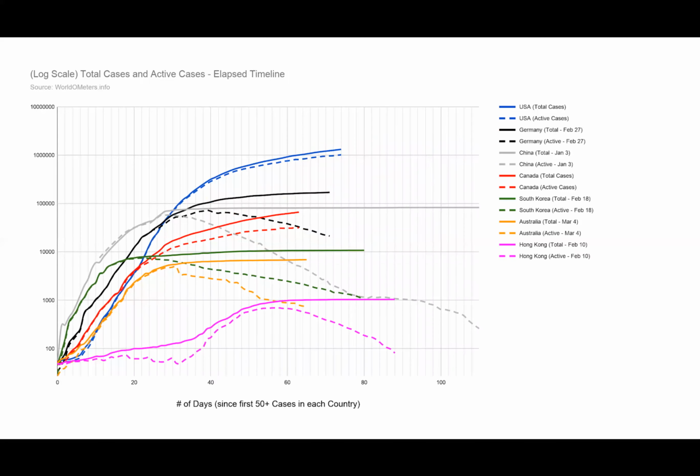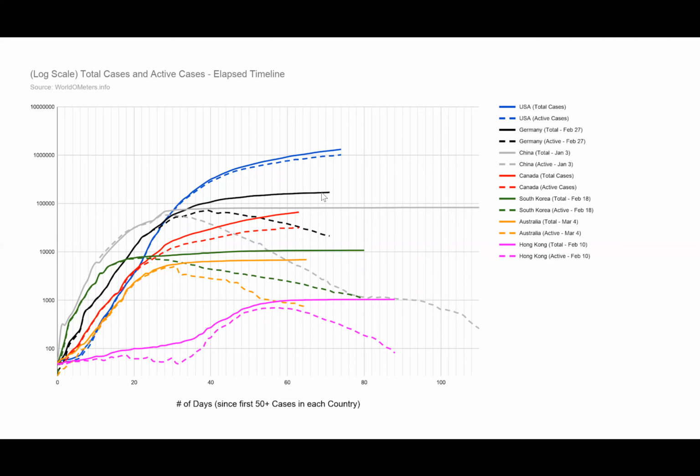And how's this one? This is a similar thing. What it shows is the total cases in each country is the solid line, and then the dotted line is the number of active cases. And so as the increase in the total cases slows, then the country goes into recovery mode and the number of active cases decreases over time. And if you compare, Germany's an interesting case study in black there.